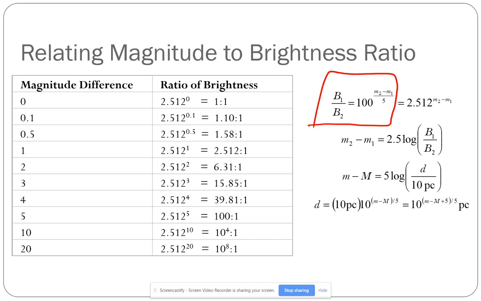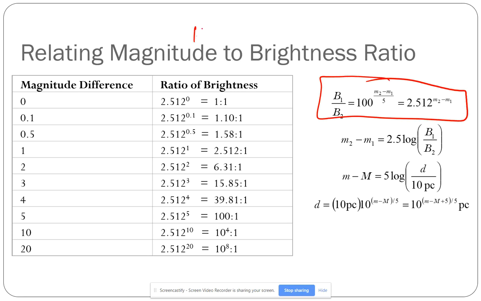And so the continuation of this equation here is just taking 100 raised to the (m2 minus m1) over 5, which is equal to 100 raised to the 1/5, all raised to the m2 minus m1, which equals 2.512 raised to the m2 minus m1. So that's how the second part of the equation goes.